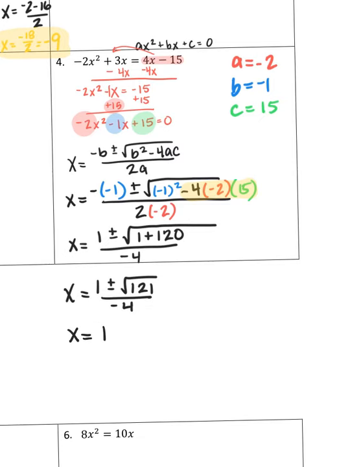X equals 1 plus or minus the square root of 121, which is 11, over negative 4. And this is where I'm going to break it down into two separate problems. I have x equals 1 plus 11 over negative 4.